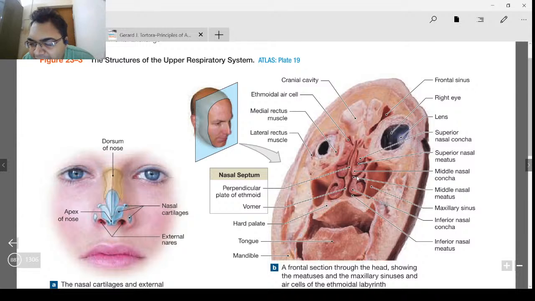Look here, this is the middle of the conchae. The conchae are these curved regions, and they are known as the nasal conchae.